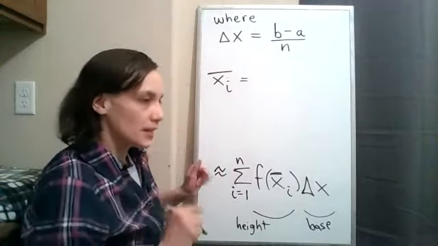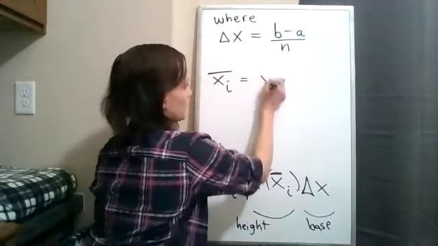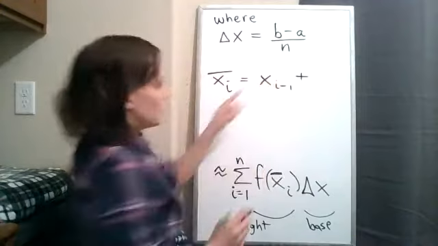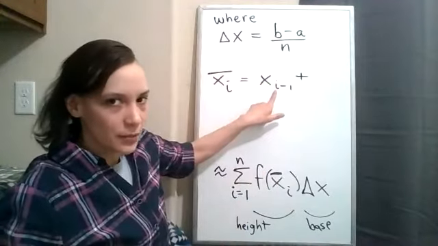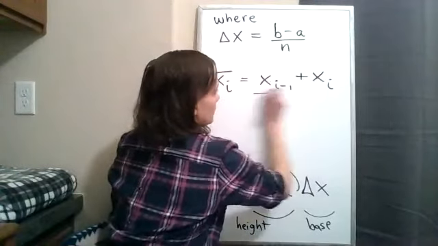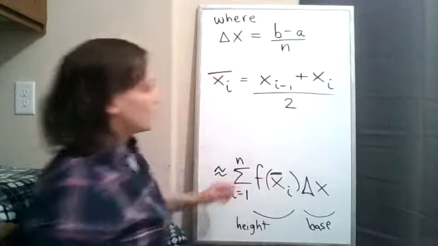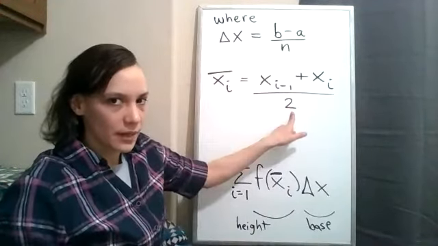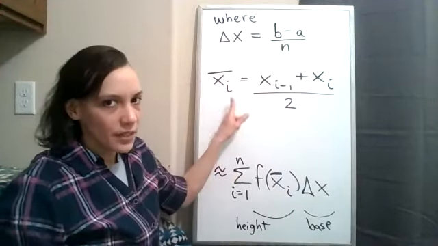We'll take x sub i minus 1, add x sub i, and divide by 2. So take the endpoints of each interval, add them together, divide by 2, and that's the midpoint for that interval.